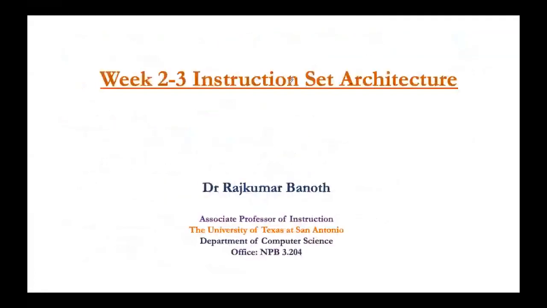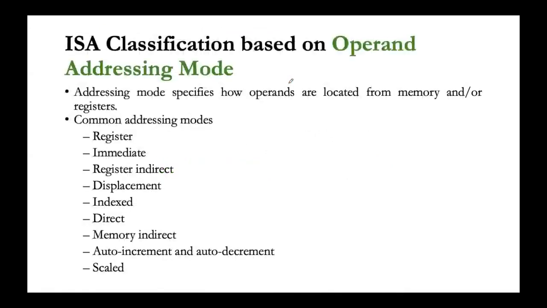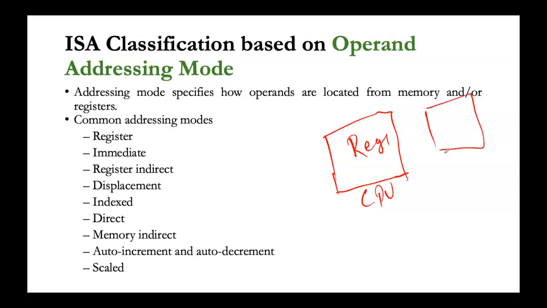So today we are going to talk about the ISA classification based on operand addressing modes. As we know, the operands can be stored either within the central processing unit, the CPU, that is in registers, or in a memory location, which we call the RAM.